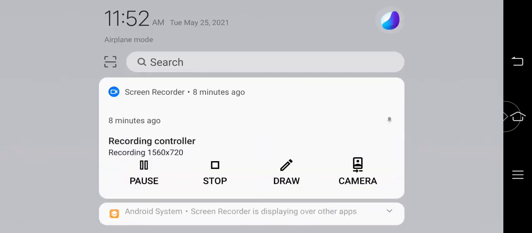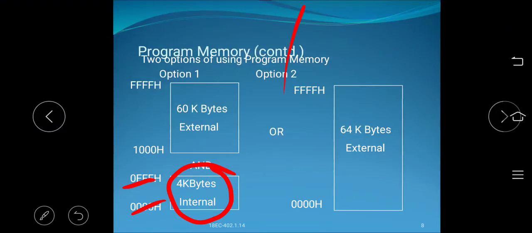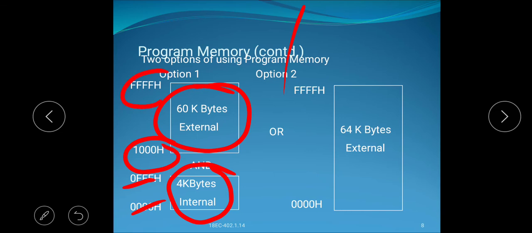The 4 kilobytes of internal and 60 kilobytes of external together make 64 kilobytes. The external starts from 1000H to FFFFH. And option 2 for the program memory: the 64 kilobytes of external from 0000H to FFFFH.